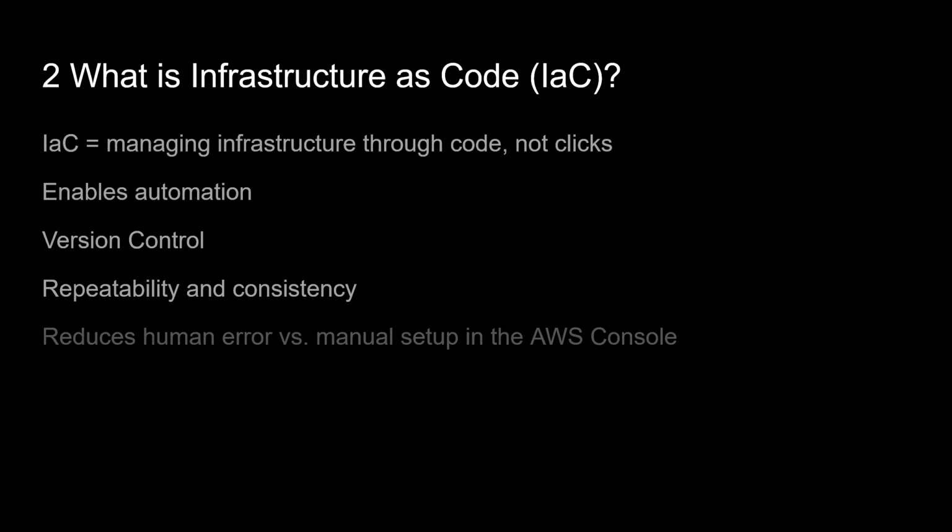And finally, it reduces human error. You're less likely to forget a setting or misconfigure a resource when it's all codified and reviewed. It's a core part of modern software delivery, and it brings real benefits in terms of reliability and speed.